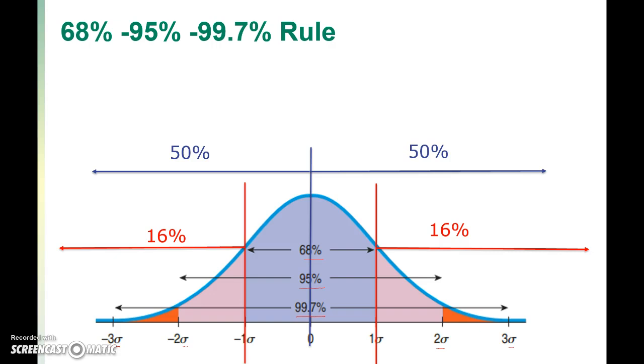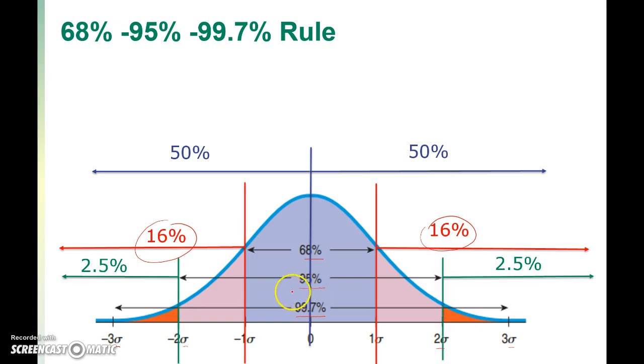If I think about my 68%, I've got 32% above and below, and I can split that in half. So I know that those two tails would be 16% each. If I go out another standard deviation to 95, I know that my two tails are half of 5%, or 2.5% each. And last but not least, those little tails at the end would be about 0.15% each.